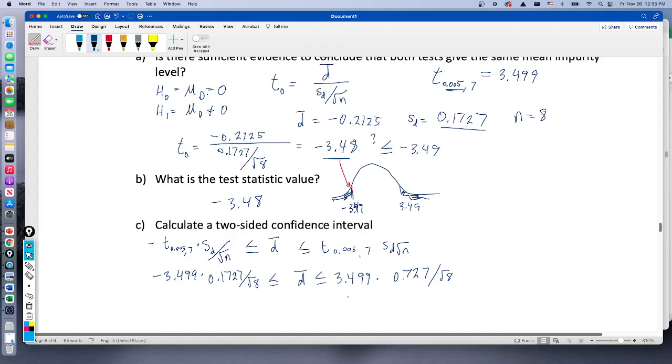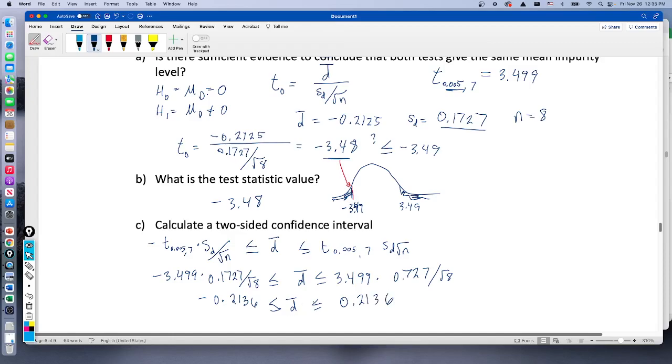And when we do that calculation, I got negative 0.2136 less than or equal to positive 0.2136.